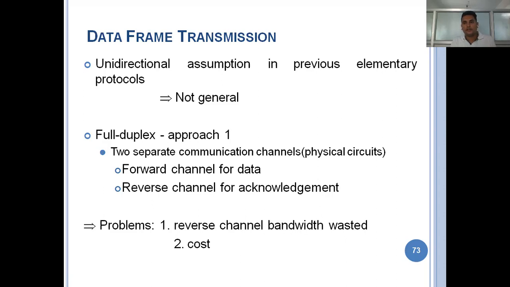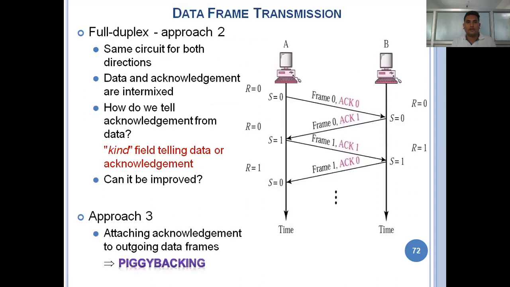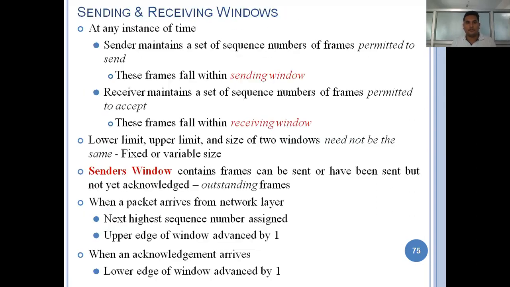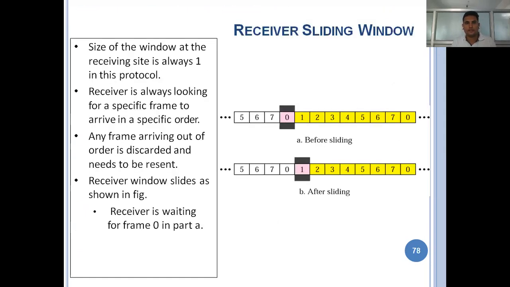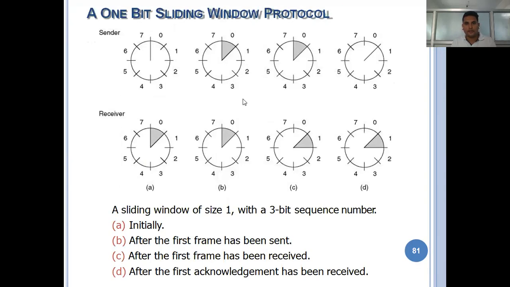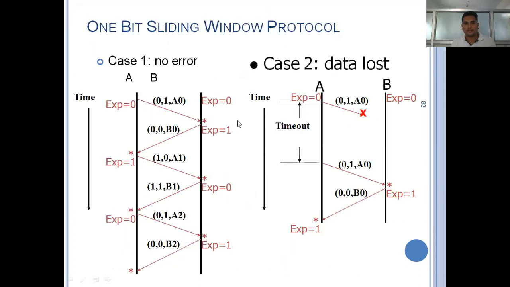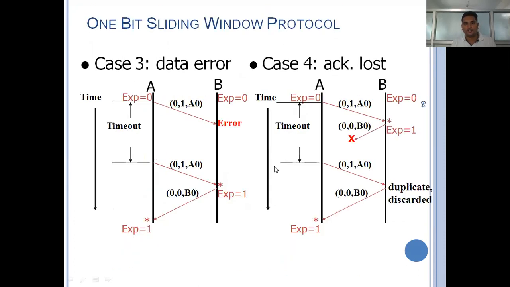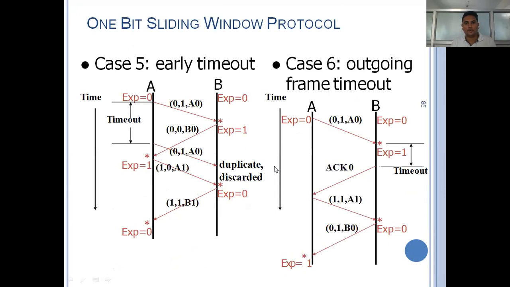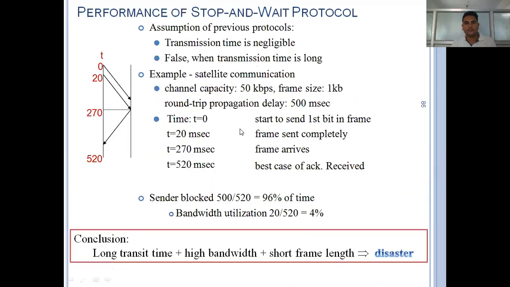The first one is the one bit sliding window protocol, which we covered in the last video, with its example and different cases. There are a total of 6 cases in the one bit sliding window protocol, and we explained all 6 cases in the last video.